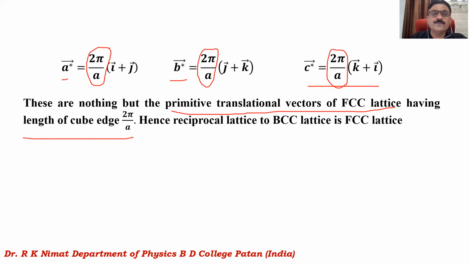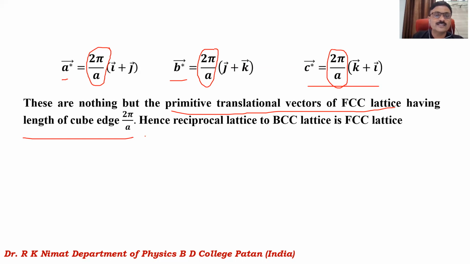having a length of cube edge equal to 2 pi by a. Hence, we can say that we started from the body-centered cubic lattice, calculated its primitive translational vectors, and seen its unit cell, and there we constructed the reciprocal lattice. And this reciprocal lattice is nothing but the primitive translational vectors of the face-centered cubic lattice.